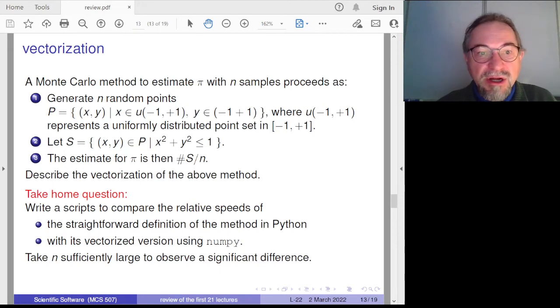But describe how you would actually vectorize this. List comprehensions are already an advantage. But with vectorization, you would use the random number generators that generate entire vectors.